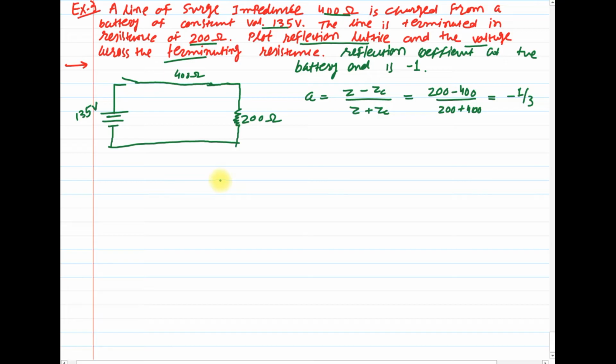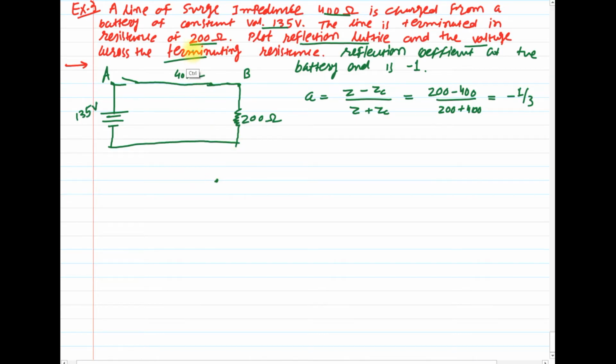Okay, so here I will write the battery end, or just name it point A and point B. Between these two points we have to plot the reflection lattice diagram.